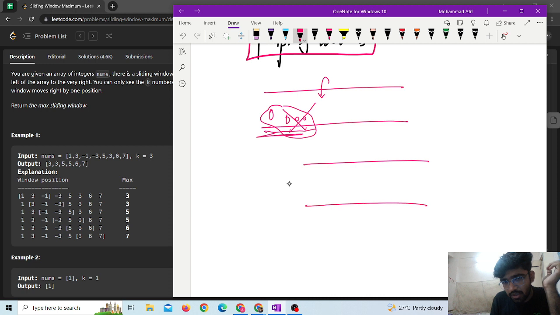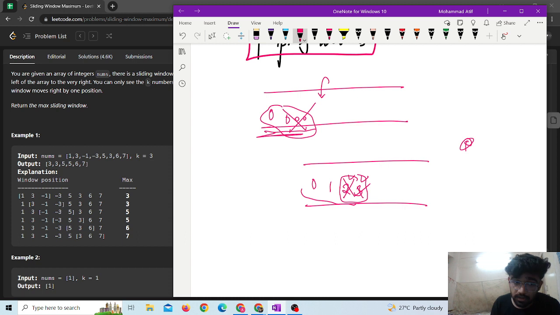Suppose I have 0, 1, 2, 3. Now I am standing at 4. If I check that nums of 4 is greater than the values at 3 and 2, I will simply pop these two elements out of the queue. Why so?